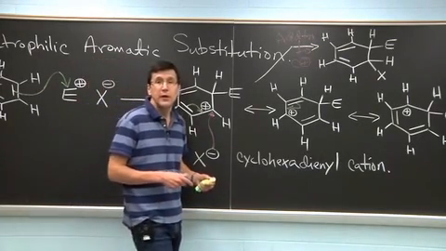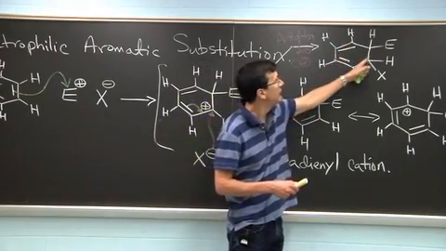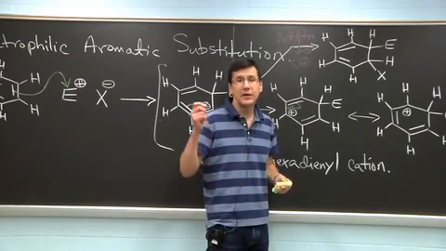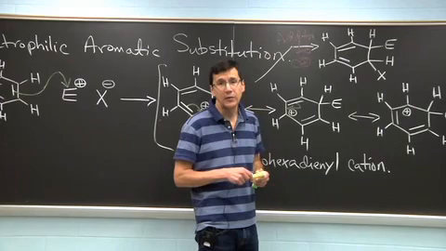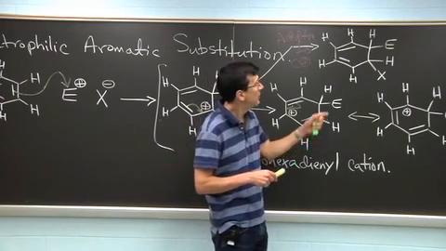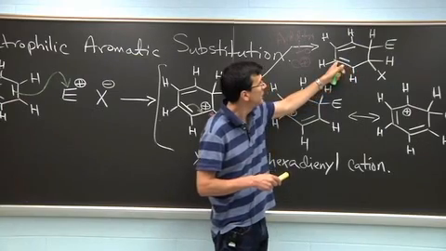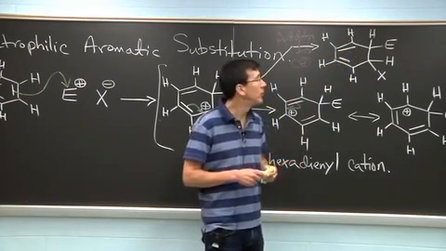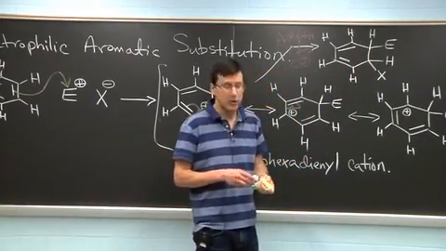Remember, one of the criteria for aromaticity was that there has to be a ring, and there is a ring. But the other one was that we had to have a contiguous array of 2p orbitals all the way around that ring. And the problem here is that while we have 4 sp2 hybridized carbons in the ring, the other two carbons are sp3 hybridized.